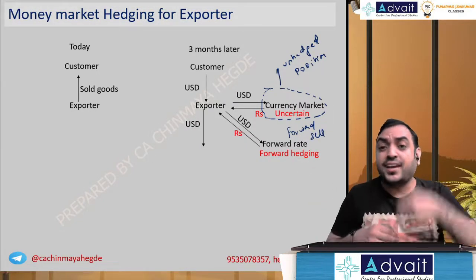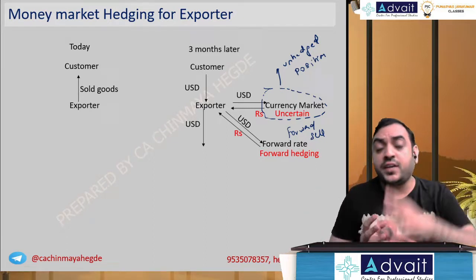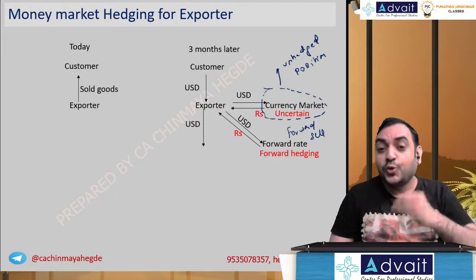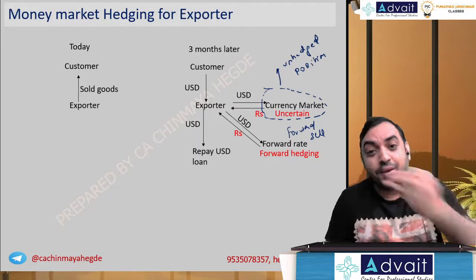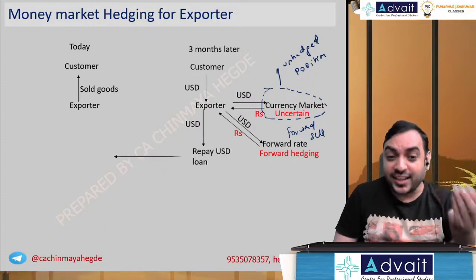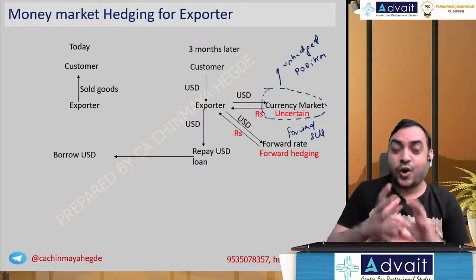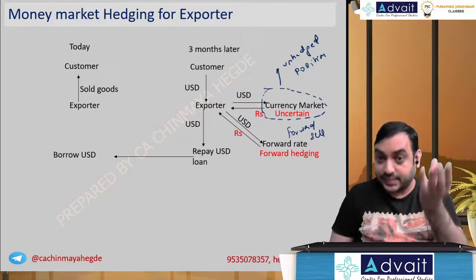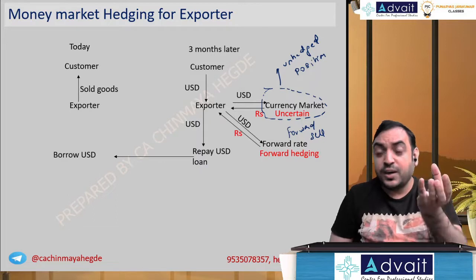I sell in the spot market, it's uncertain. I sell in the forward market, forward hedging. What else can you do now? It's a very interesting situation. You use it for repaying a US dollar loan. Means you take the loan today. Or the hedging technique, what most people say: you have an asset, you have a receivable amount, right?